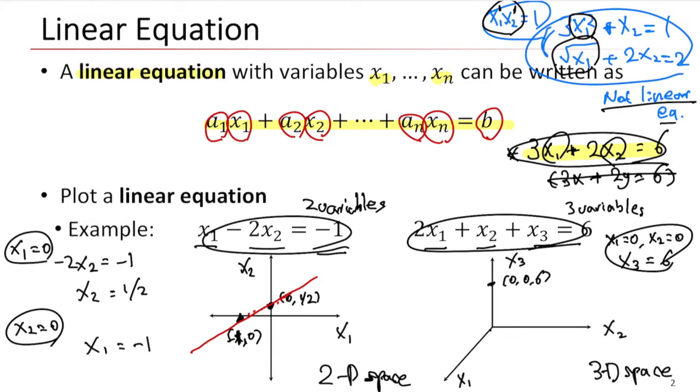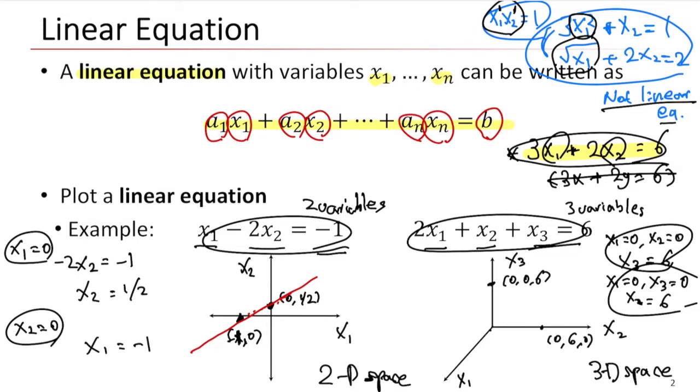Okay, when x1 is equal to 0 and x3 is equal to 0, x2 is going to be what? 6. So the point is 0, 6, 0, here.